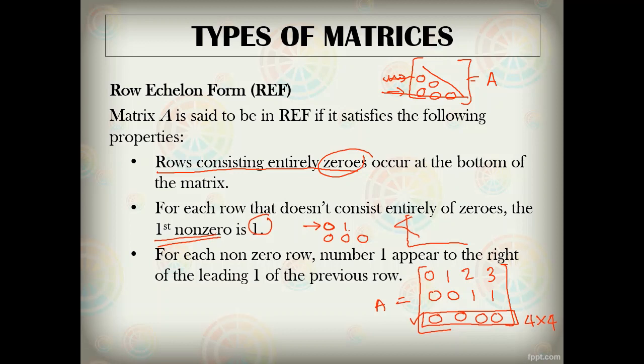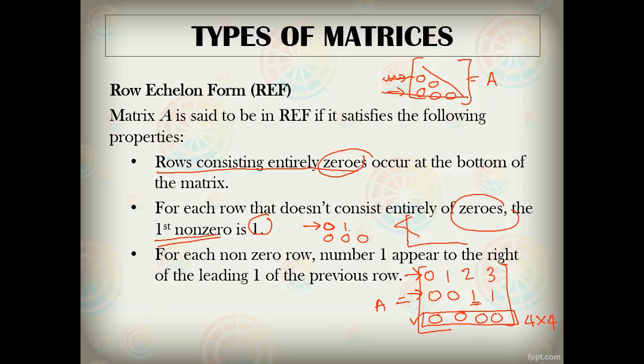And then for each row that does not consist entirely of zeros, if you look at the first row and second row here, these two rows are not entirely 0. They contain 0, but the entire rows are not 0 because you still have numbers. So the first non-zero must be 1.